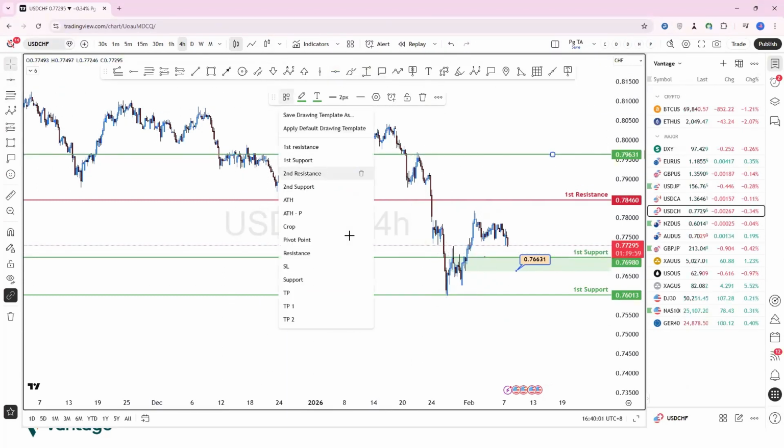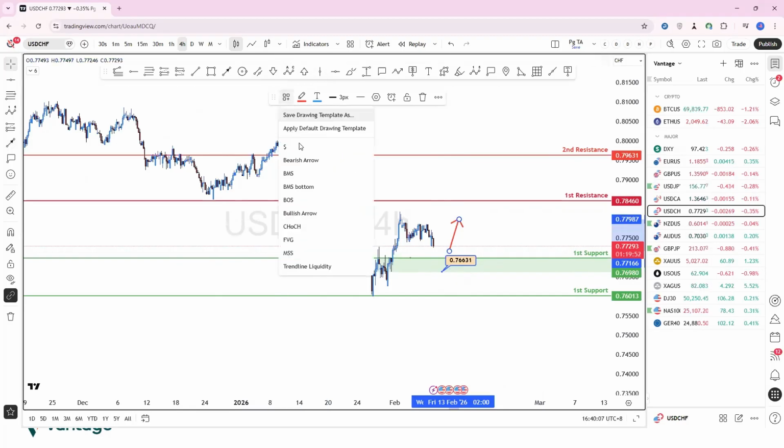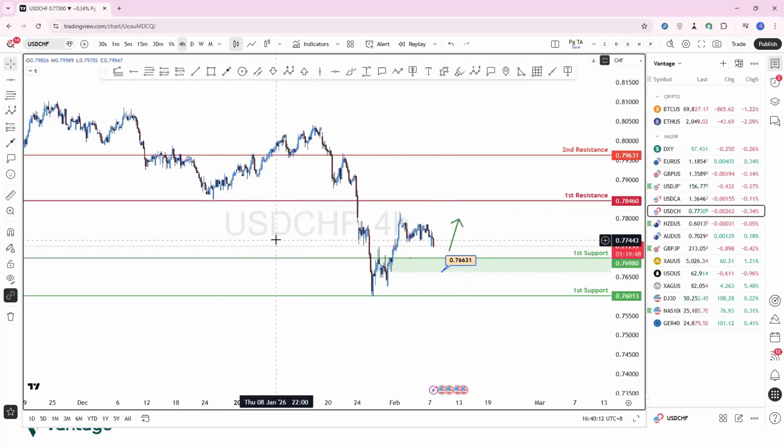This is the second resistance. At this level, you wait for the rejection, and then you buy.